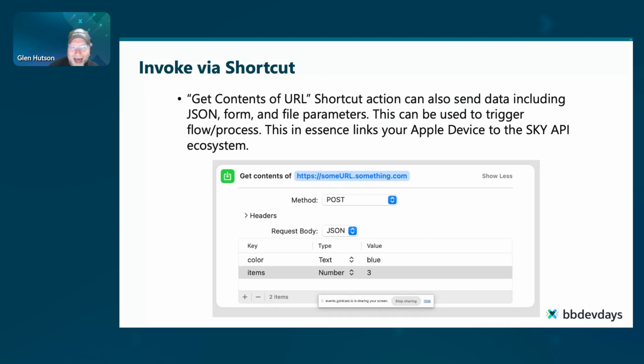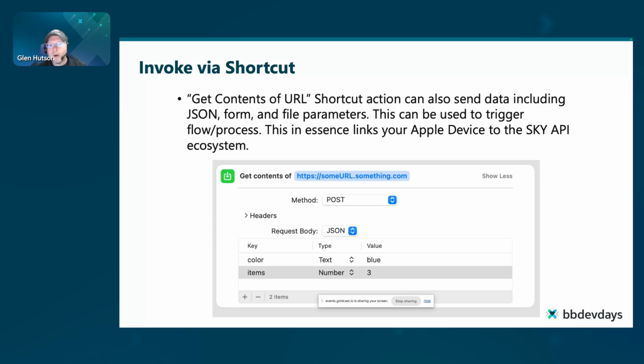Now, the nice thing about this is that if you go back and you start taking a look at shortcuts within macOS and iOS, there is an action there that's called Get Contents of a URL. This is basically a way that you can invoke an API call directly from a shortcut, again, on either system.